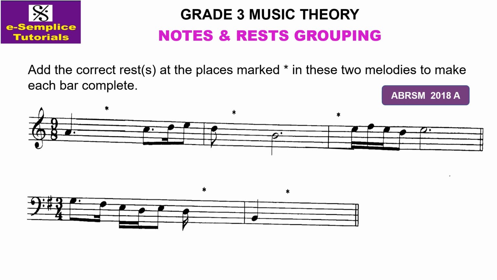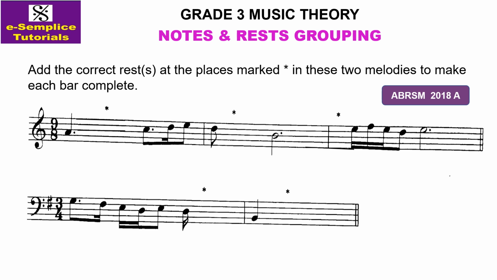This question is from ABRSM 2018A. Add the correct rest or rests at the places marked with asterisks in these two melodies to make each bar complete. The first melody is in 9/8 time.